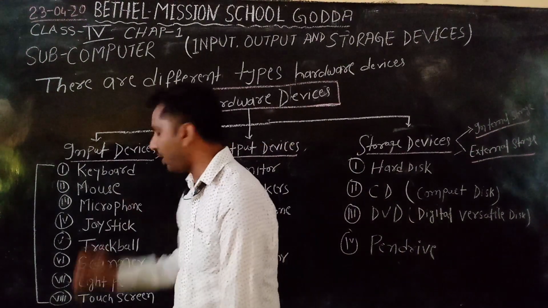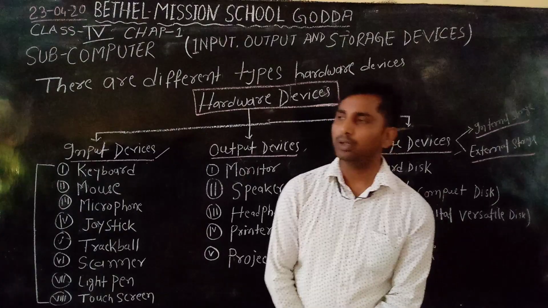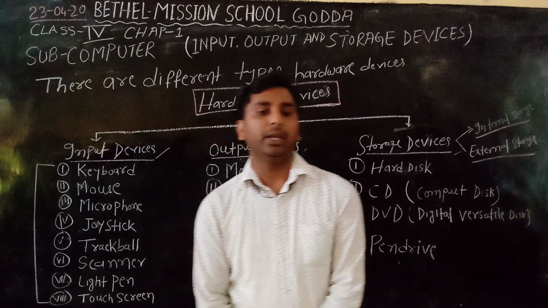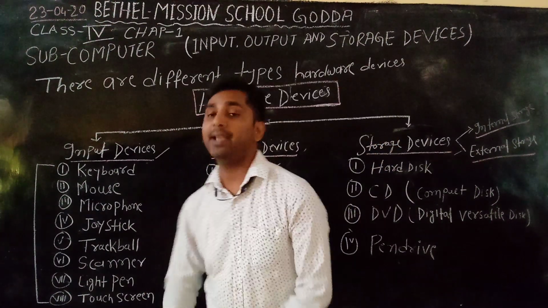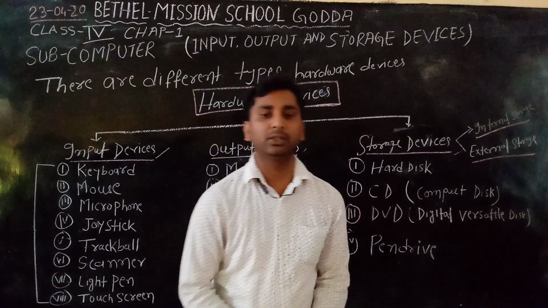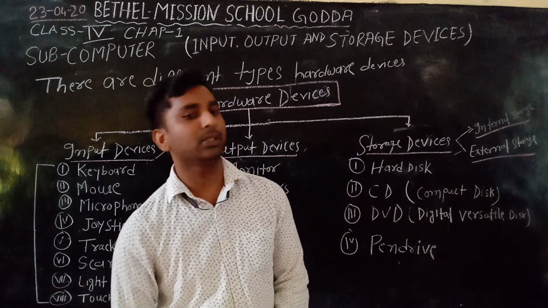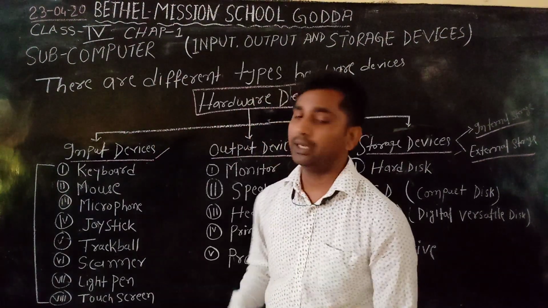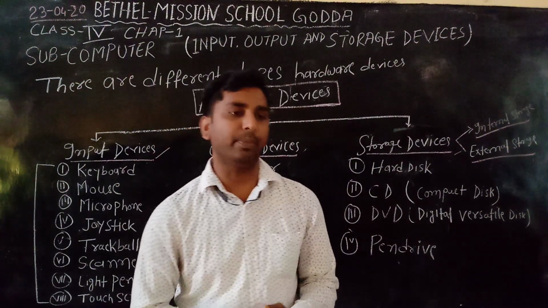Now, second is mouse. What is mouse? A mouse is an input device. A mouse is used to select objects, open files and folders, point at, and move objects on a computer.